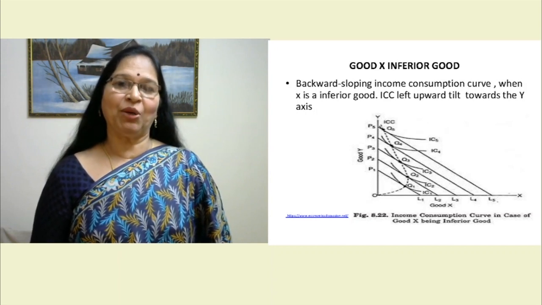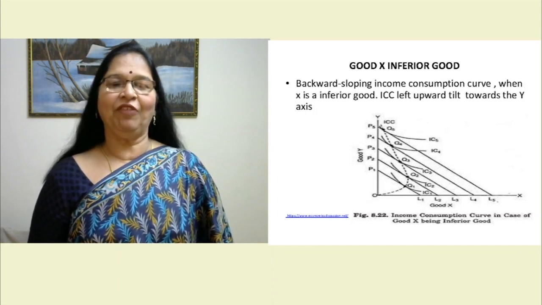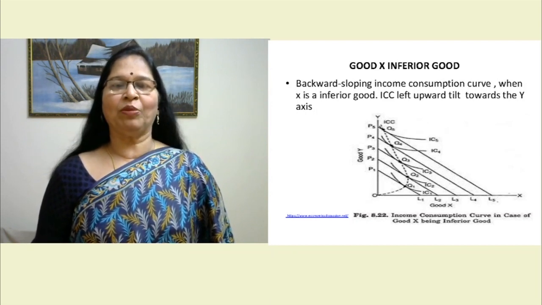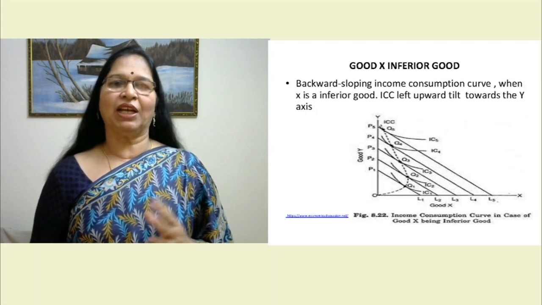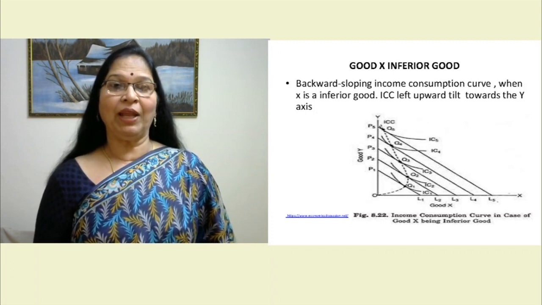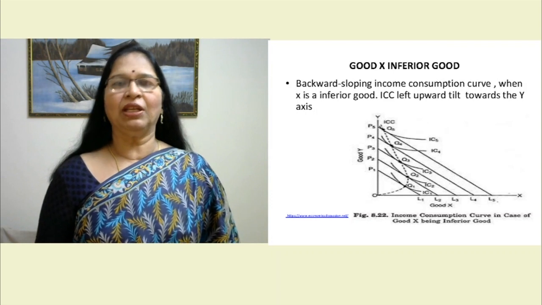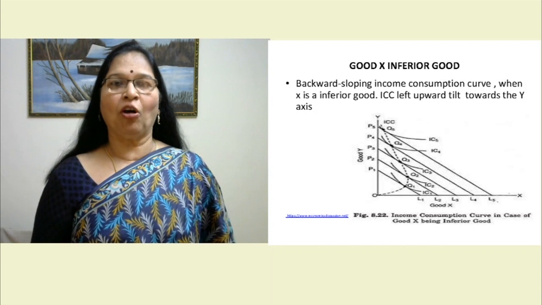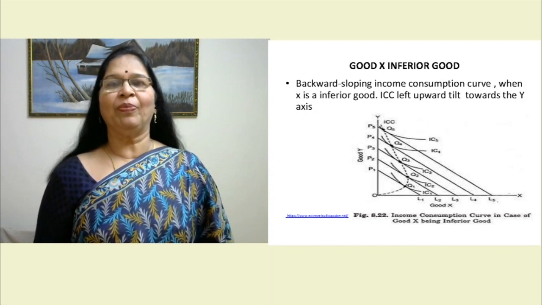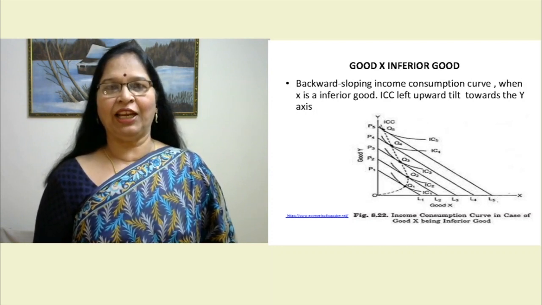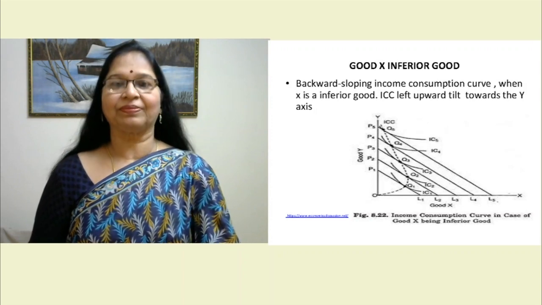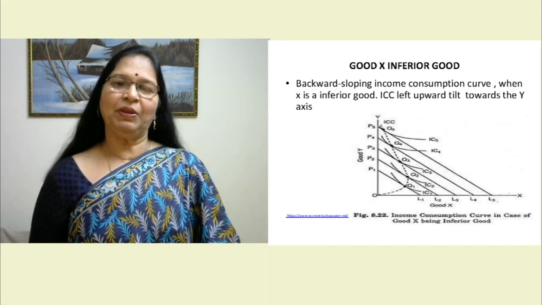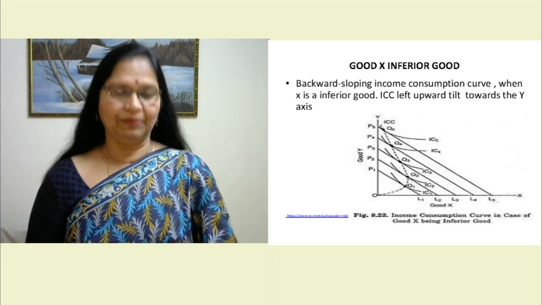It becomes a backward sloping income consumption curve because the consumer buys less and less of commodity X, and he would rather buy more and more of commodity Y because X is an inferior good, and the consumer would rather spend his money on buying something which is a normal good and cut down his expenditure on the inferior good if his income has increased. I hope all the three diagrams are very clear to you. They're very simple. If you understood the logic, it's very simple.